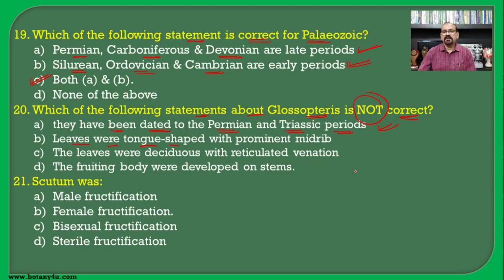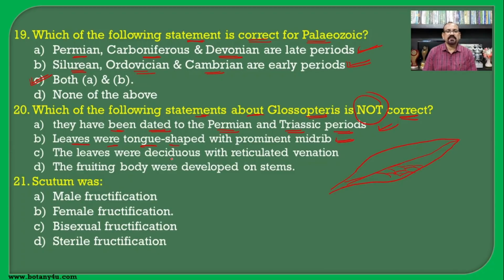If you see the structure of the leaf of Glossopteris, it has a prominent midrib in the center and anastomosing venation.